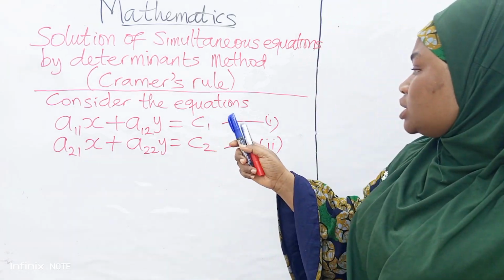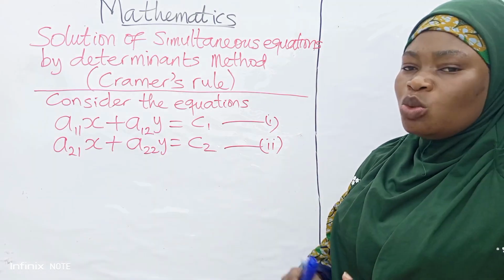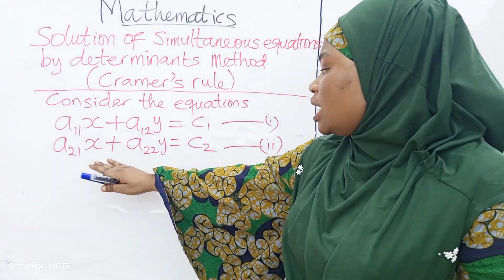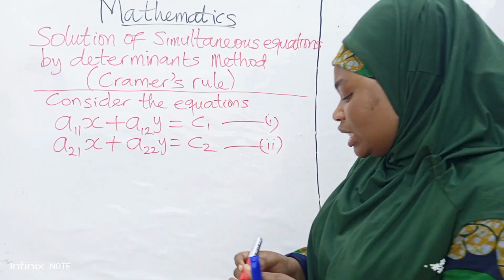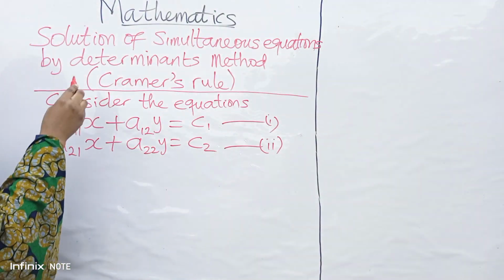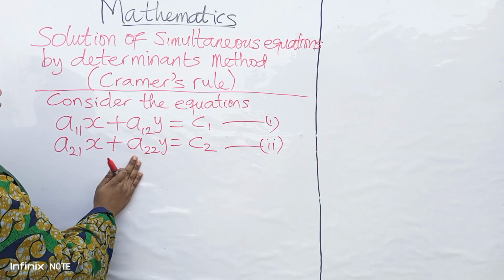Consider the equations a11x plus a12y is equal to c1, equation 1, and this is another equation, and we name it equation 2. Like we did in the matrix method, we are going to write it in the form of a matrix.